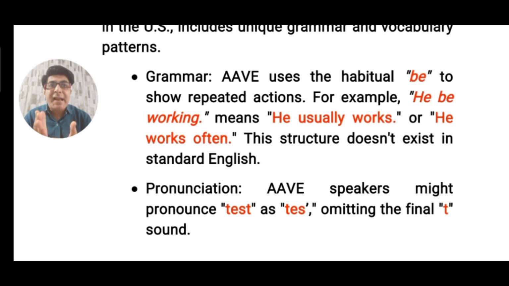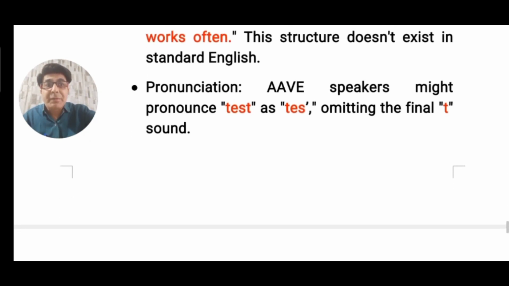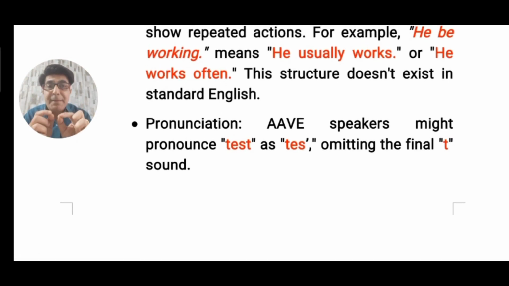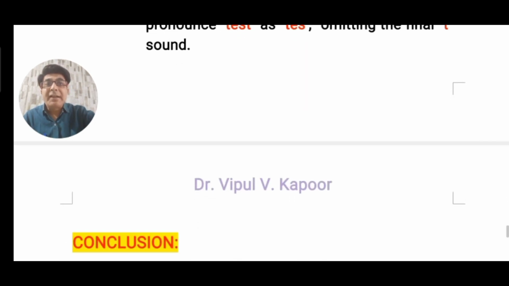They don't say he usually works, they say he be working. So they use be to show regular action. They have made some changes in the existing English language. In the same manner, when they pronounce the word test, the last t sound is not spoken. So there you find these changes.